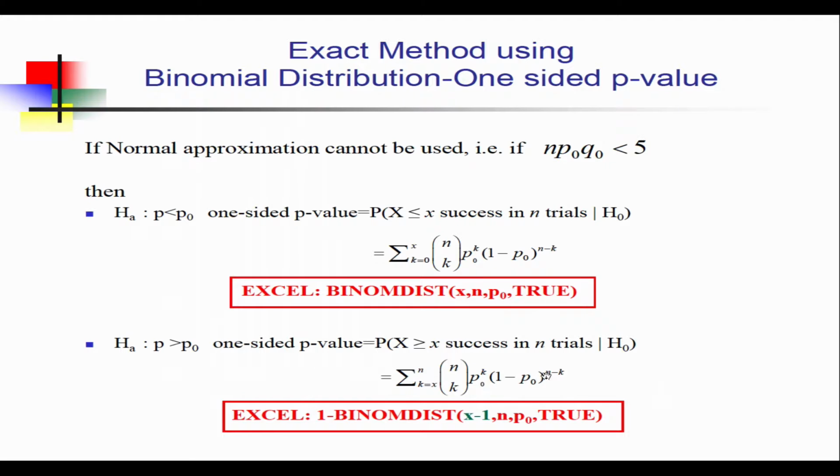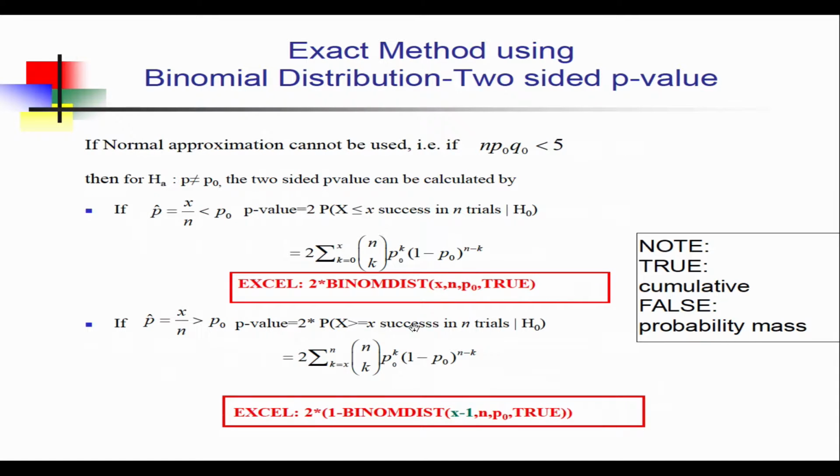This is the exact formula for the p-value, and here is the Excel function you need to use. Here we use 1 minus the summation for k from 0 to x minus 1, because we need to include the probability for x equals small x up through n. Then you just take 1 minus the complement of it.